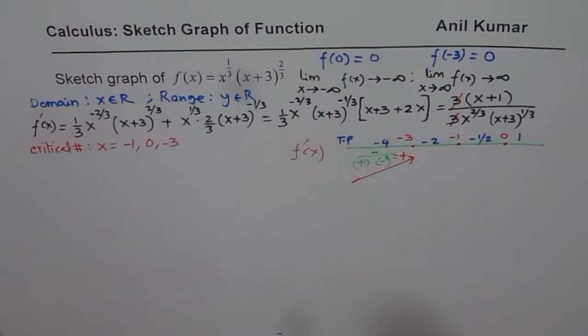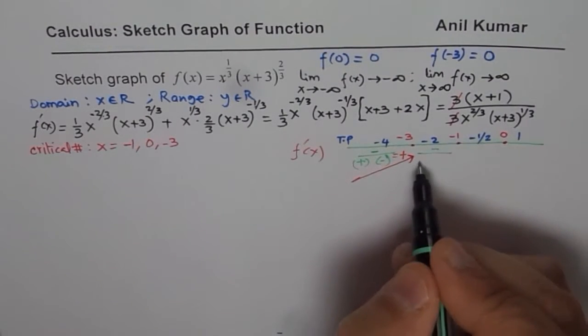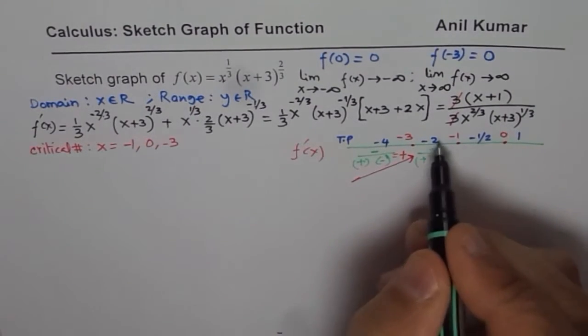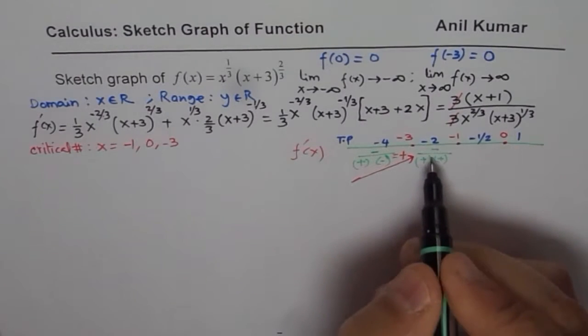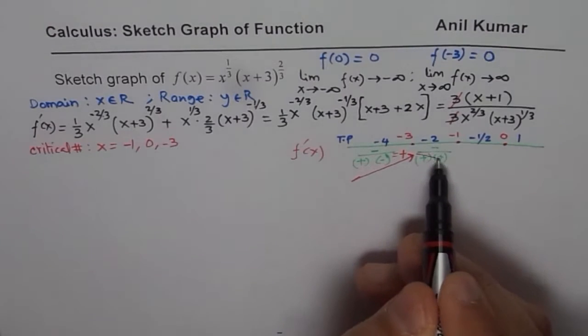Similarly, we'll analyze the other one. Minus 2 means negative on the top. This is always positive, and this minus 2 will be positive. So that means negative for us, correct? Negative means the function will be going downwards.